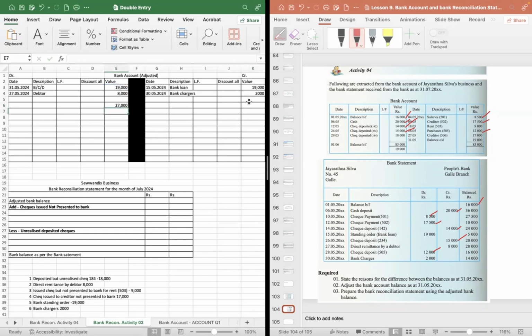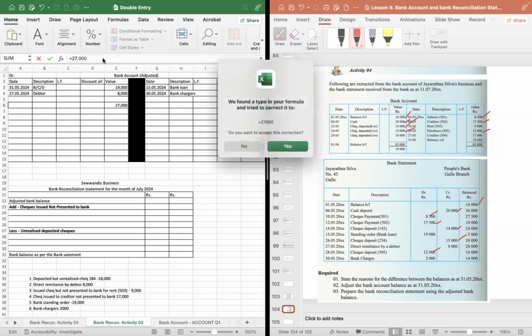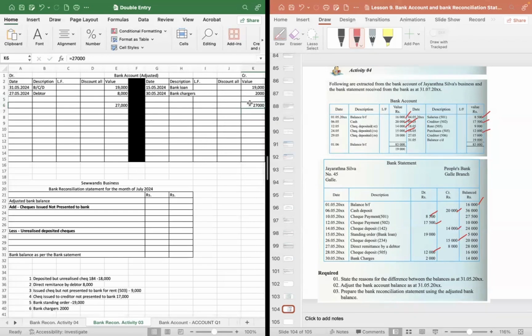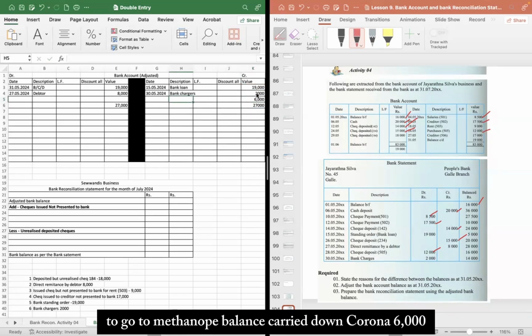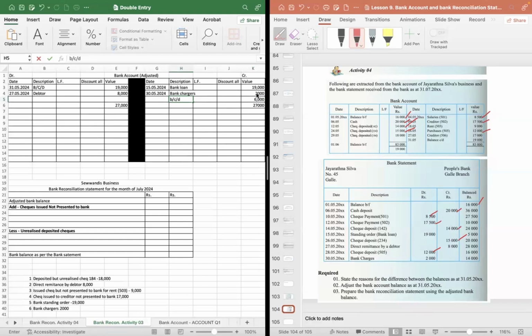Right. එතකොට මෙතන අපි balance carried down කරනවා 6,000. හරිද? හරි. එතකොට මේ 6,000 මේ ටික තේරුණාද? මේ part එක තේරුණාද? adjusted bank account එක හදන එක තේරුණාද?